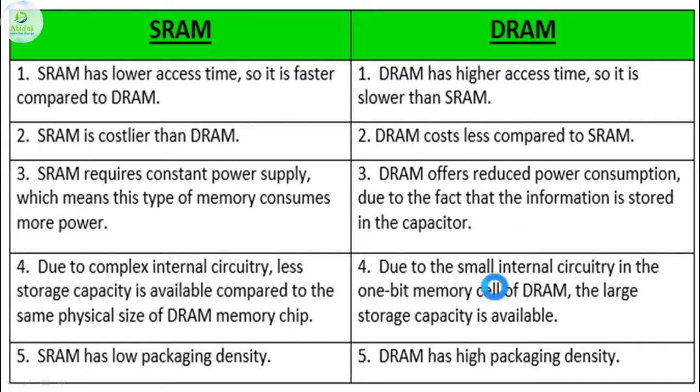Due to the small internal circuitry of the 1-bit memory cell in the dynamic memory, a large storage capacity is available. Static RAM has low packing density, whereas dynamic RAM has high packing density.